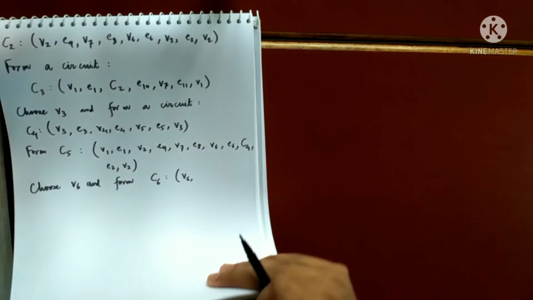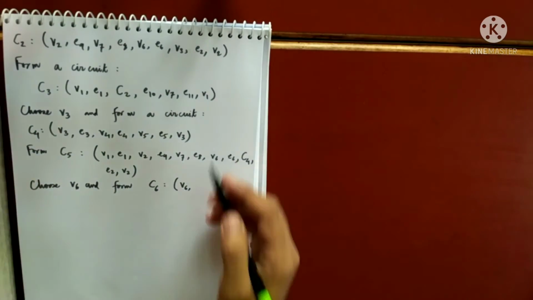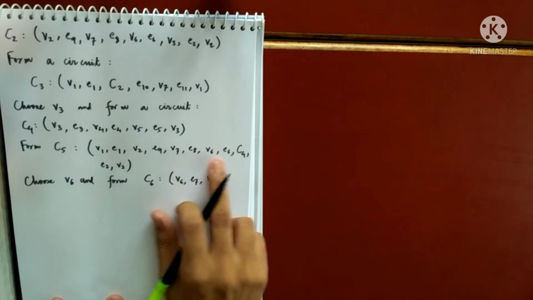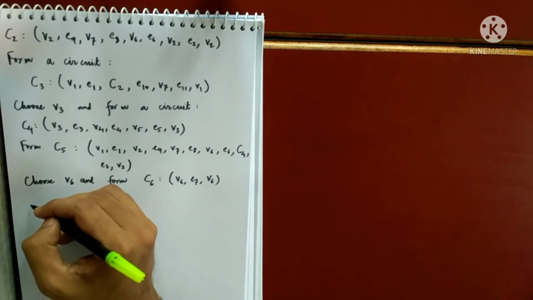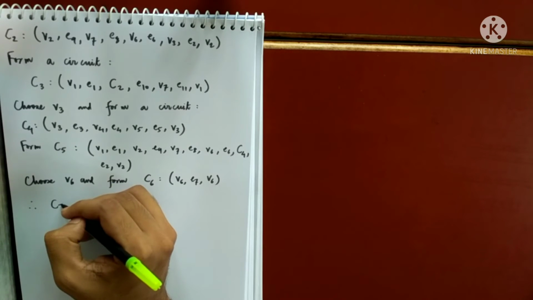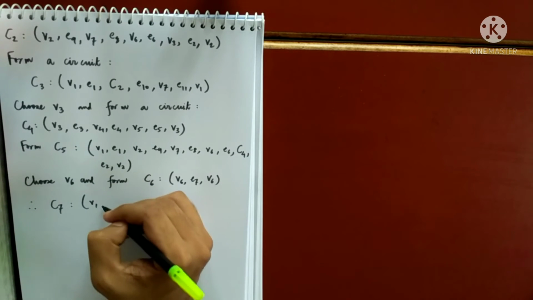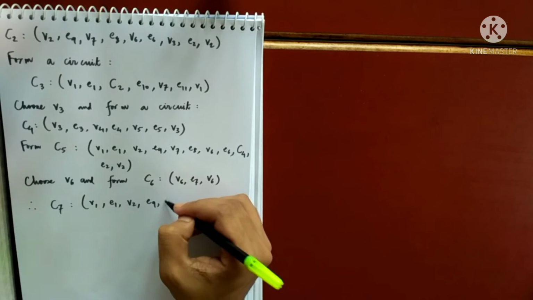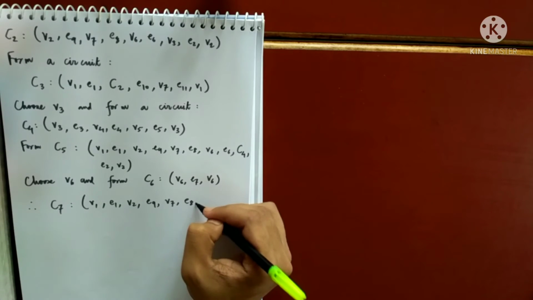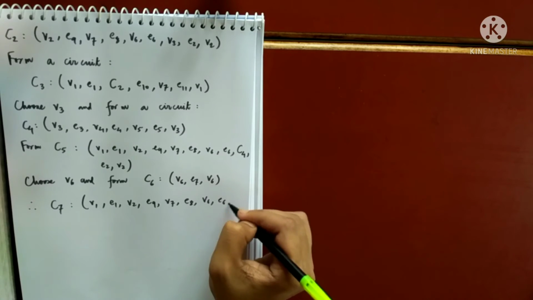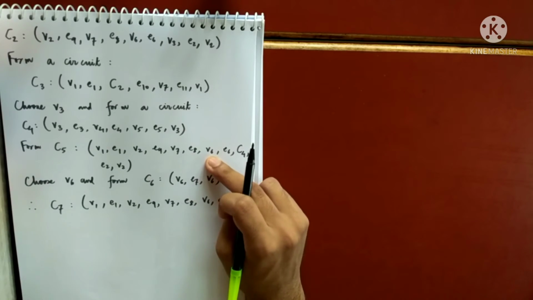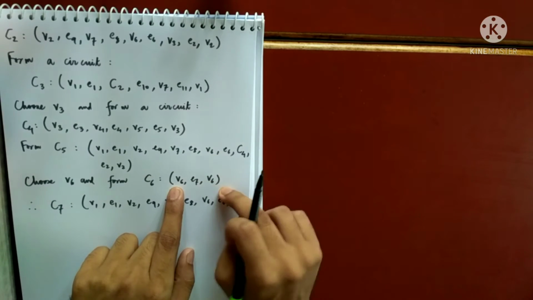V6, E7, V6. So wherever there is V6, you replace by C6. So therefore, suppose I am calling that as C7. It is V1, E1, V2, E9, V7, E8, V6, E6. Sorry. Yeah. So instead of V6, I am supposed to replace like this.